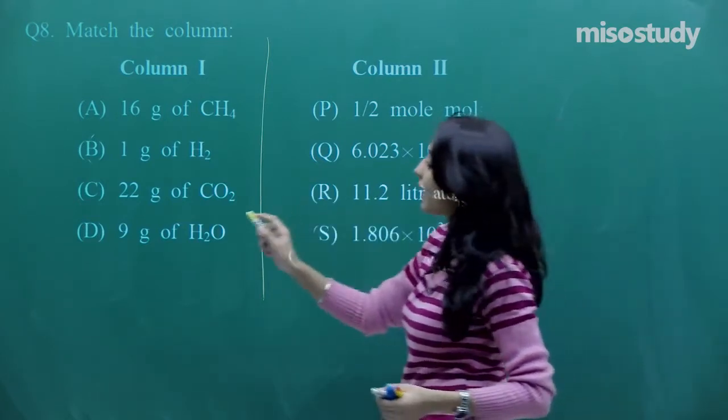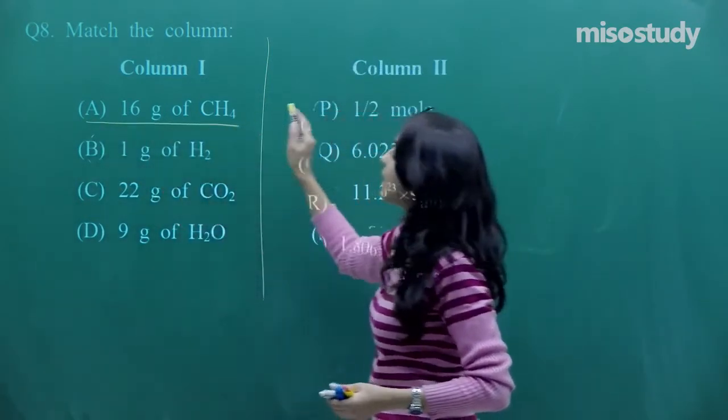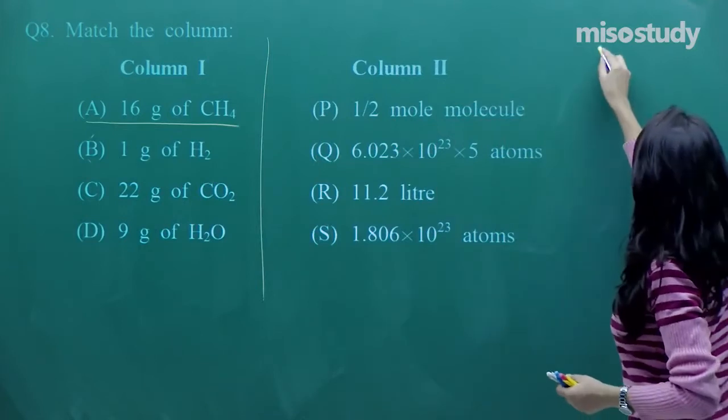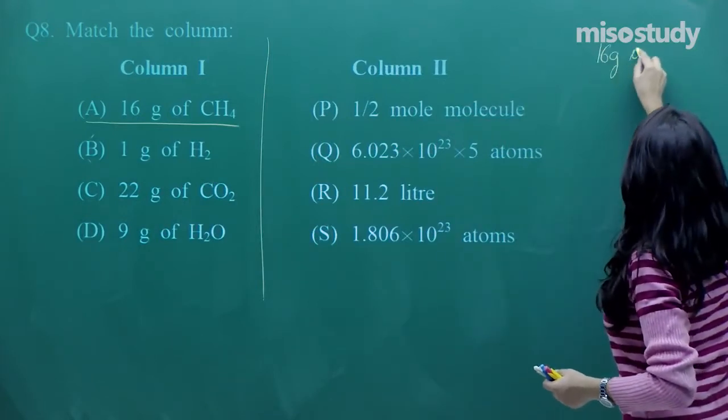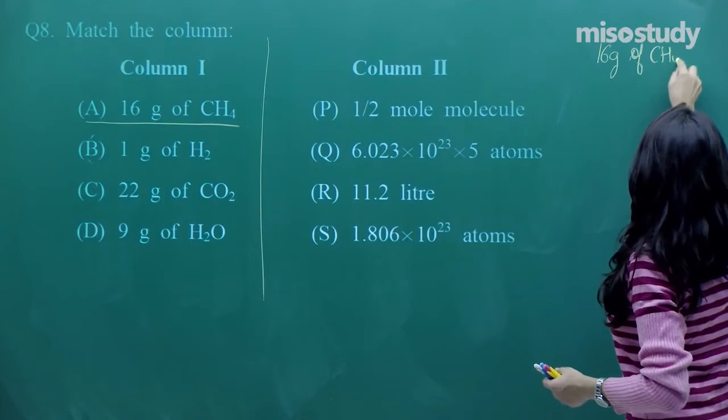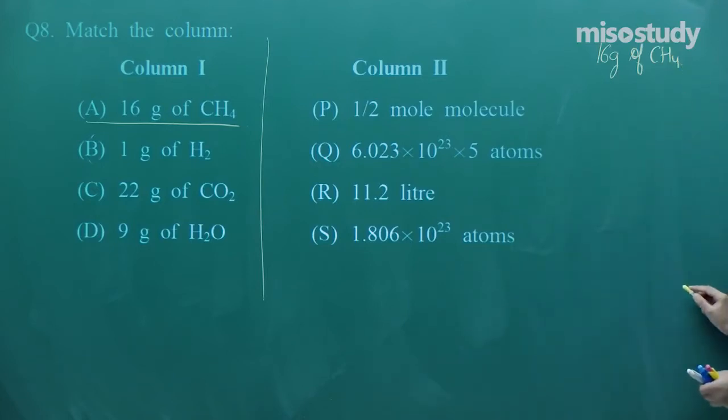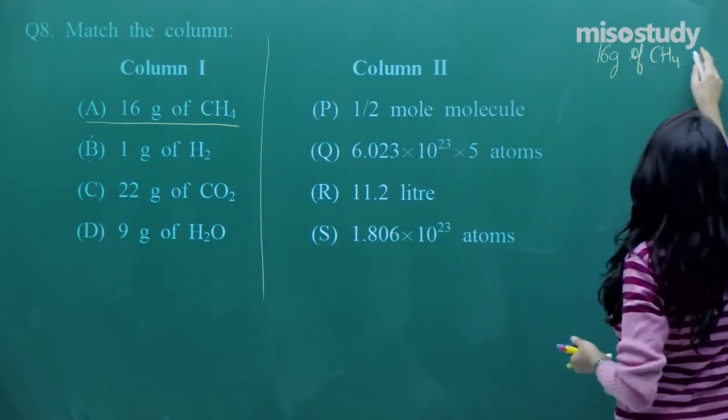So in option number A, it is given 16 grams of methane. Guys, what is the molar mass of methane? 12 plus 4, 16, right? So it is nothing but 16 grams per mole.